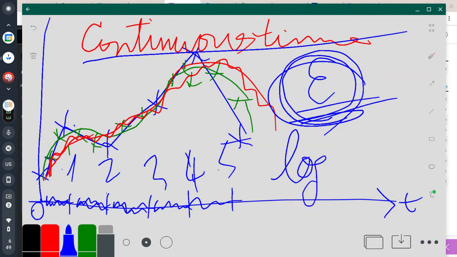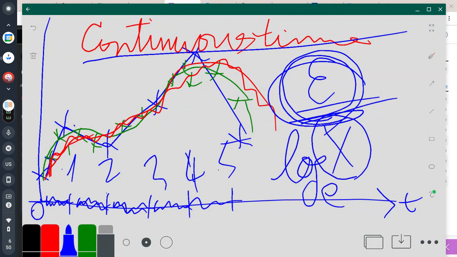If you use Euler's number as the base, this x can be any number, like 0.0001756. Any real number can be.